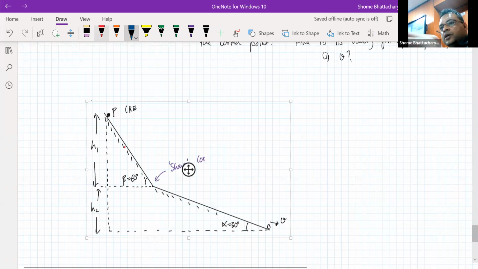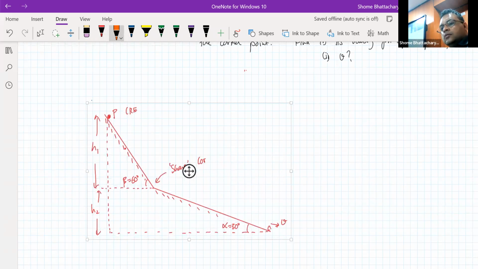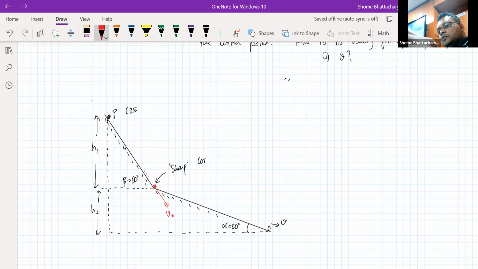Okay. So the first part, as it's reaching here, the bottommost point, let's say, its velocity vector will be along this kind of a line, which is parallel to this surface.